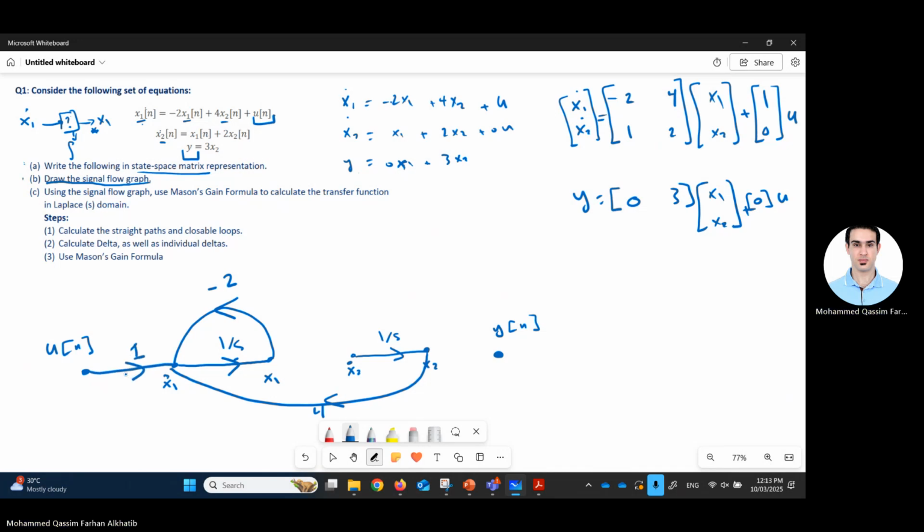Okay, clear? So we are done with the first expression. Second expression, x2 prime equals x1 of n, that's x1, plus 2 x2, that's x2, 2. Y equals 3 x2. That's it.